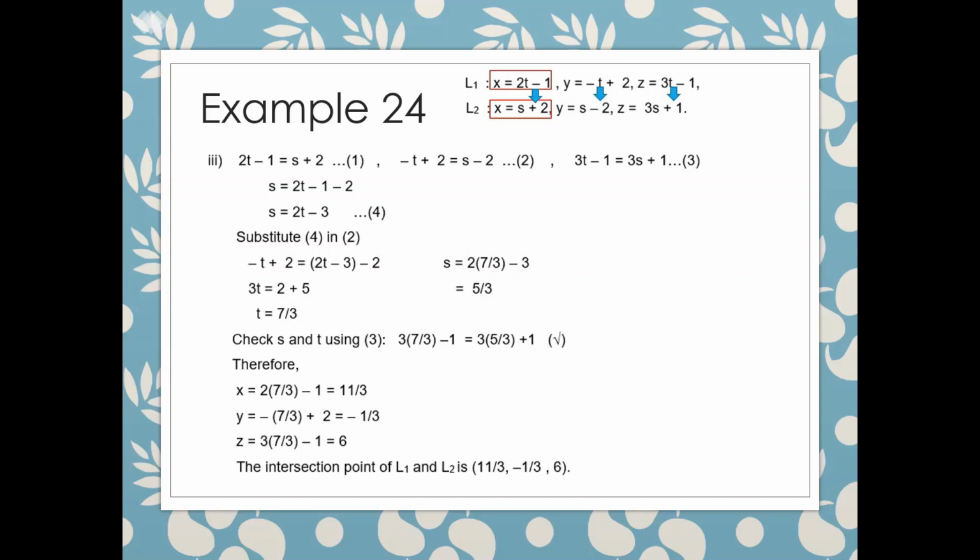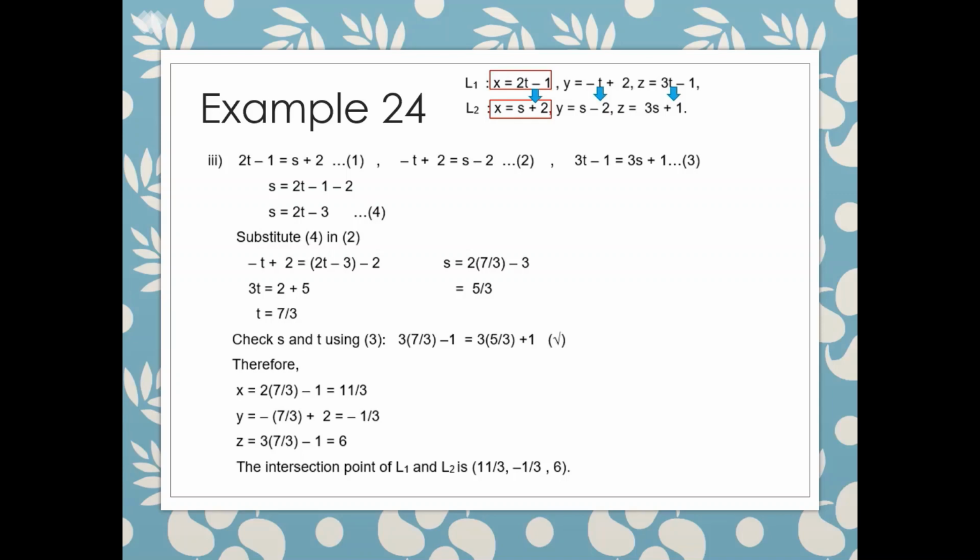Substitute the values of t and s inside the equation and simplify. As both sides are the same, that means it is verified. In other words, L1 and L2 intersect. To find the intersection point, substitute either the t or s value into the corresponding equation of line. Here, we substitute t into L1.